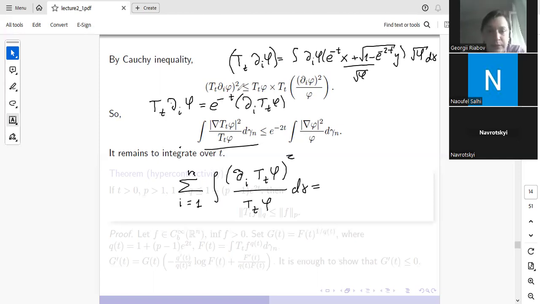Okay, and this ratio will be less or equal to e to the minus 2t dt, phi squared over phi.